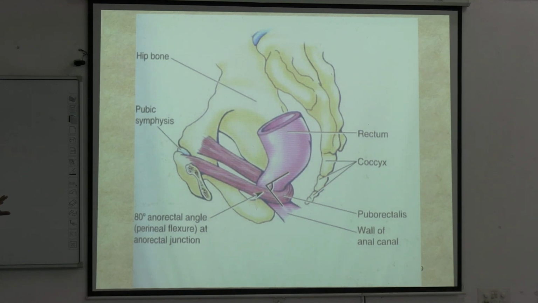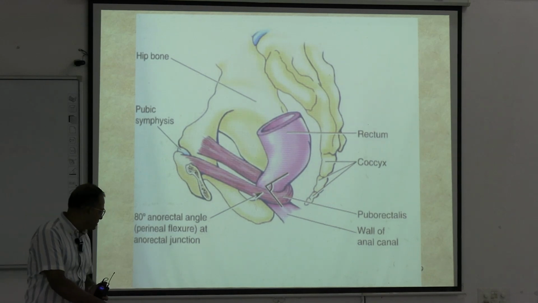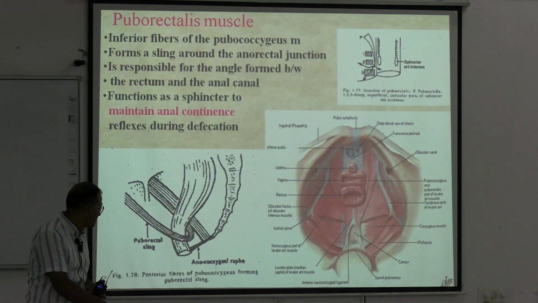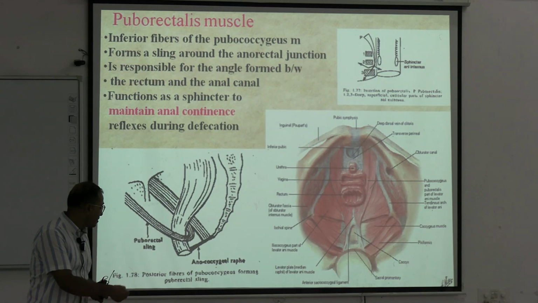If we have damage leading to fiber damage of these pelvic floor muscles, we have more chances of prolapse or further complications. So that is all about this recap or revision of these regions. I'm not going any further beyond that.